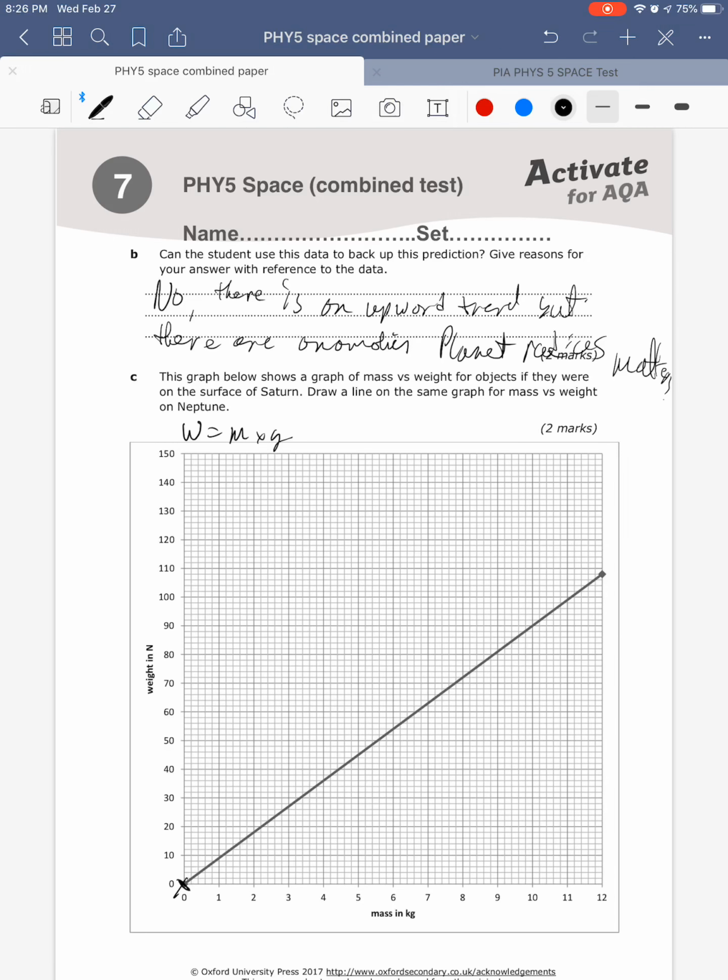So if I go to 10, 10 times 11 is 110. Then I just draw with a ruler, please. I don't have a ruler I can use on my iPad, but with a ruler, draw a straight line that goes through it. And that's all it was for that question.